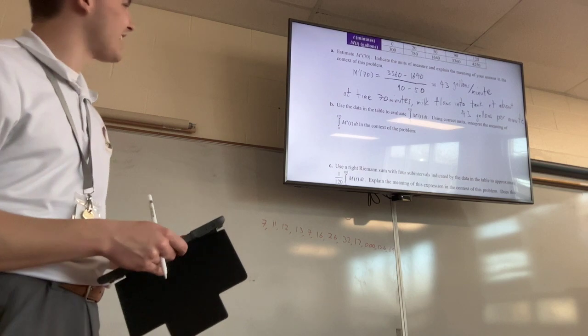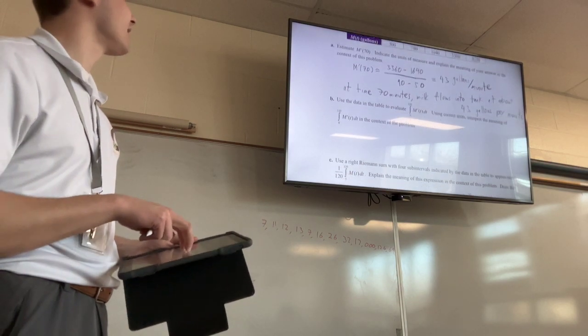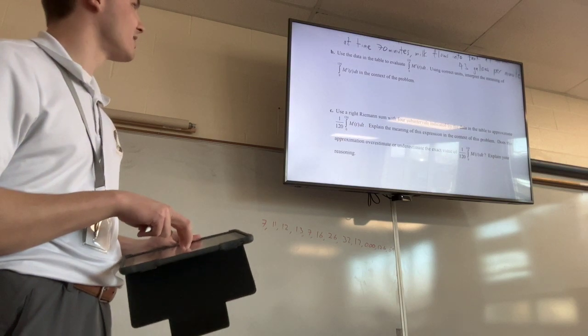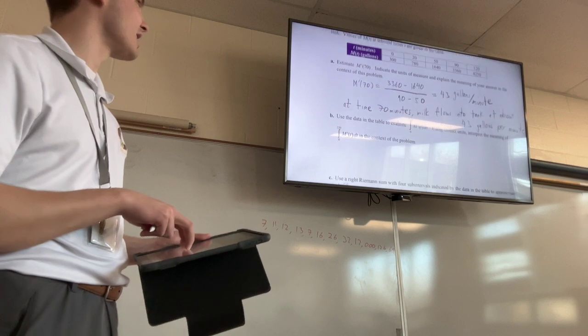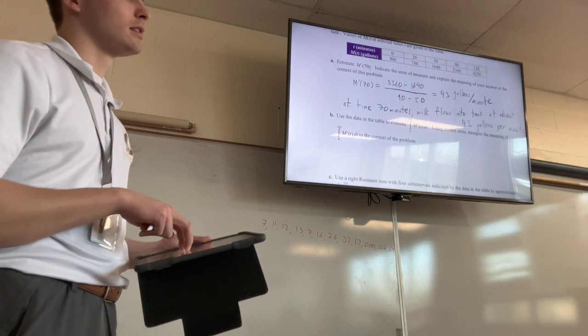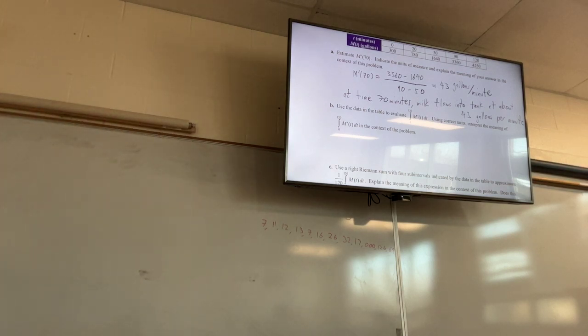Use the data in the table to evaluate the integral of M prime of t dt. Using correct units, interpret the meaning of the integral of M prime of t dt in the context of the problem. Let me look at the theorem. So you don't do slope.